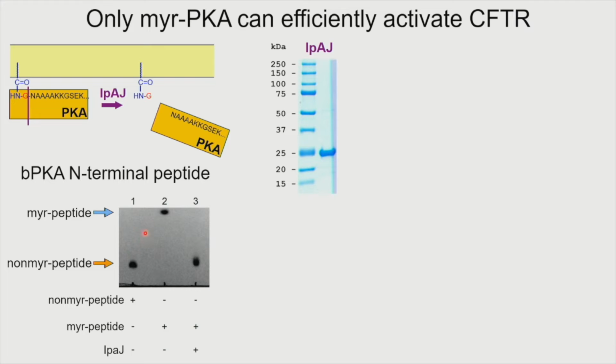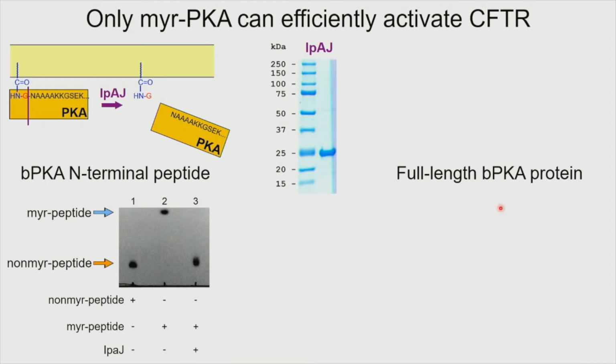The two peptides can be readily separated on thin layer chromatography sheets because the myristoyl peptide has a much higher mobility. You can see that in vitro treatment of the myr peptide with EPA-J readily results in cleavage of the N-myristoyl group.